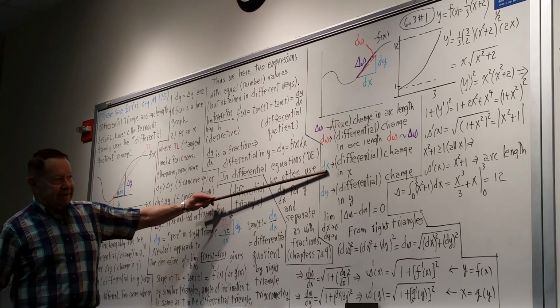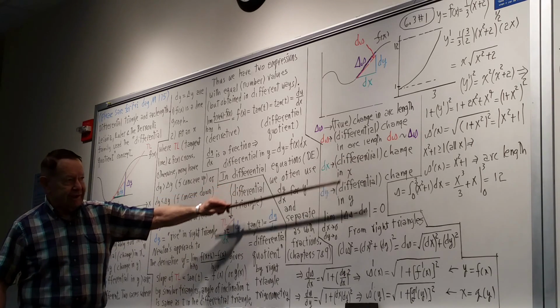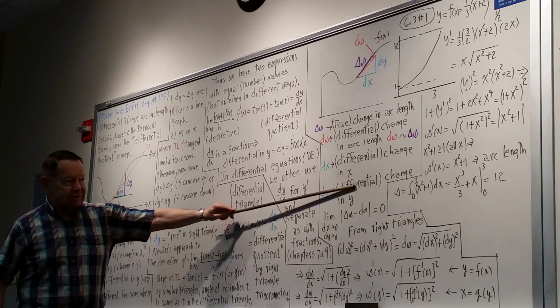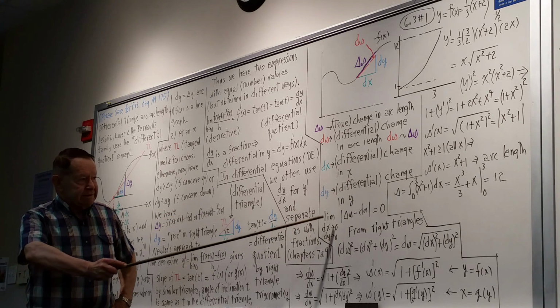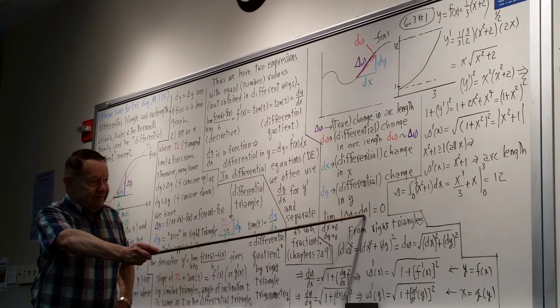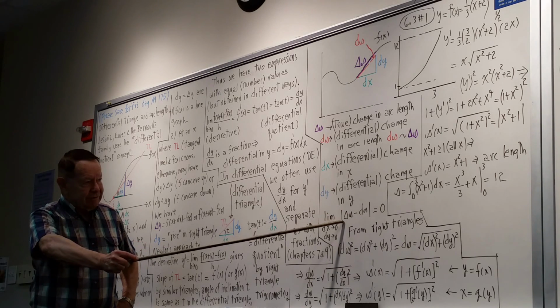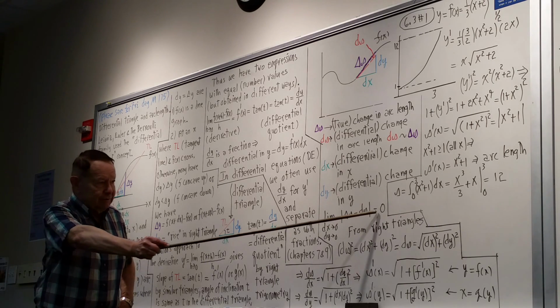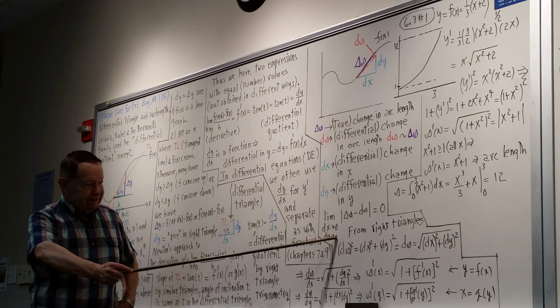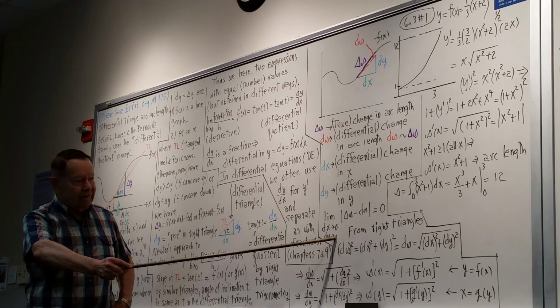Then dx again is the differential change in x, and dy is the differential change in y. So the limit of the difference between the true change, delta S, and the differential change would be 0 as the differentials in x and y go to 0.